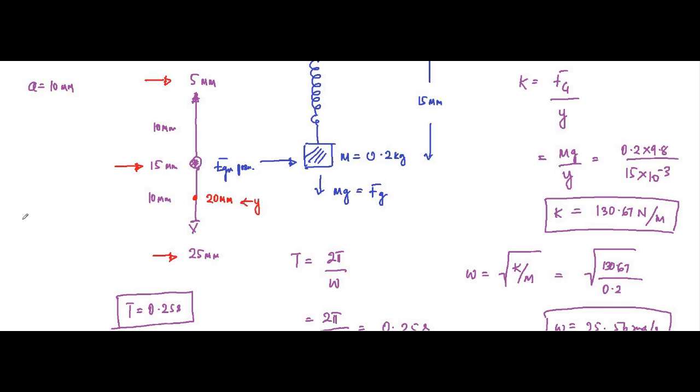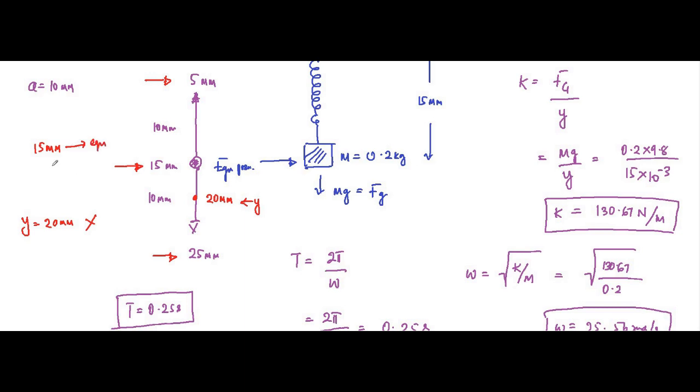If you take y equal to 20 millimeter, it will be wrong. The position of the object is 20 millimeter, but in terms of the SHM, considering the SHM amplitude, it is 15 millimeter, which is the equilibrium position.